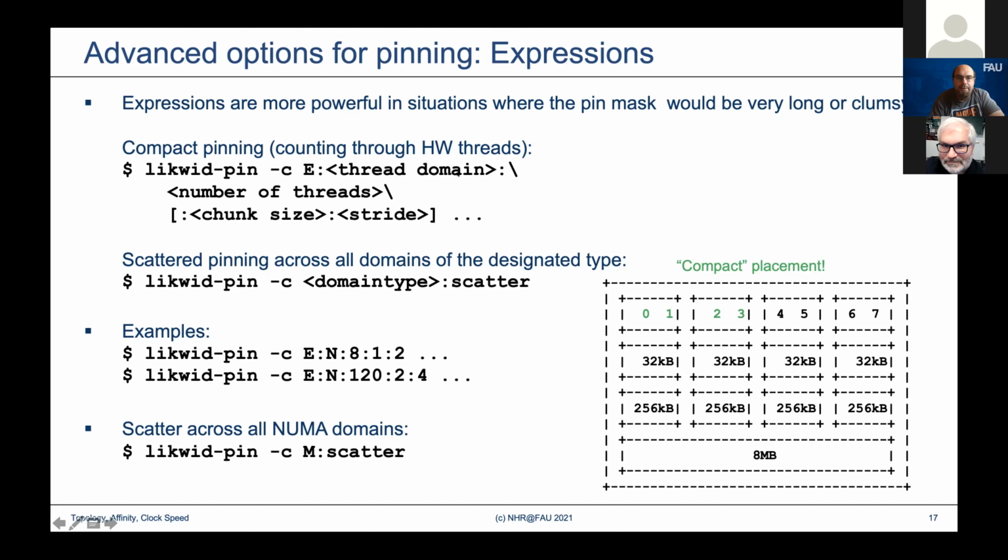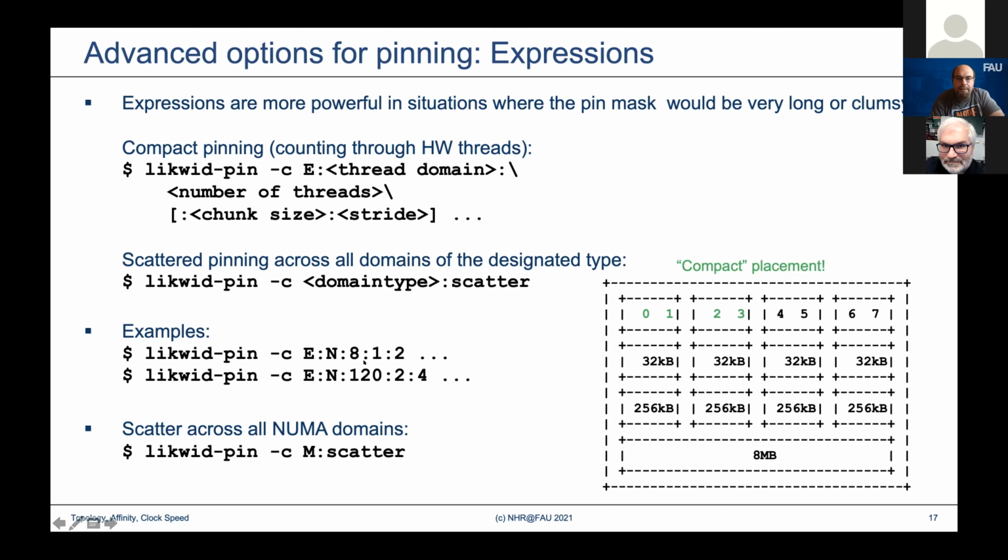Then we set a thread domain like N or S, S0 or something like that, the number of threads, and then we can specify a chunk size and stride. This means we can select function-based in the node topology.